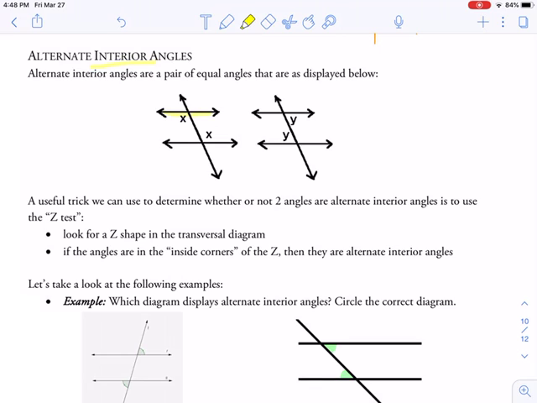They're going to be on the inside of the parallel lines, between the parallel lines and not outside of them. So you're not ever going to find an alternate interior angle out here, or here, or here, or here, because those are all outside of the transversal and parallel line set, and we want them to be inside, hence the term interior.